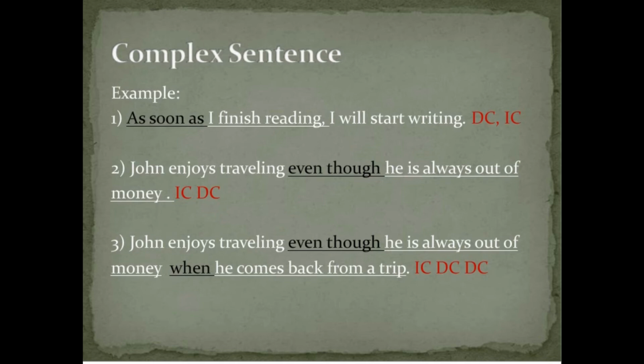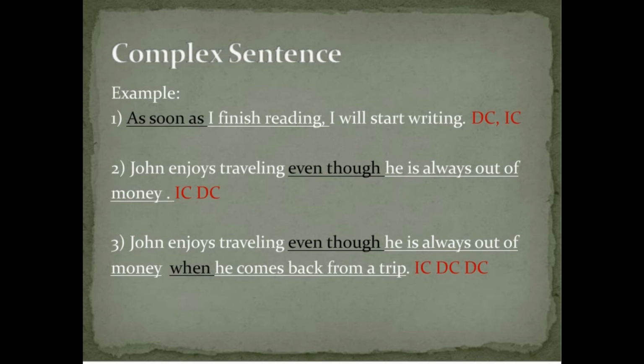John enjoys traveling even though he's always out of money. The first clause, John enjoys traveling, is an independent clause. It has a subject and a verb, John enjoys. The second clause, even though he's always out of money, is a DC because it starts with the subordinator even though and has a subject and a verb, he is.